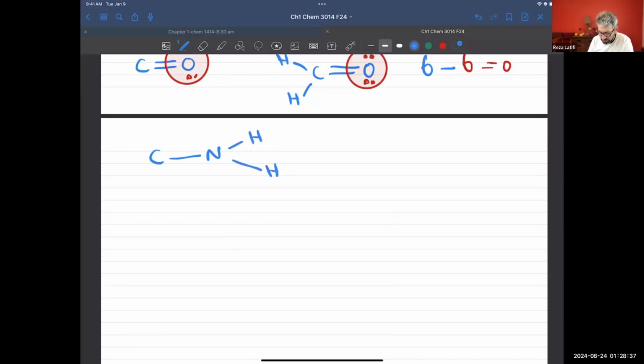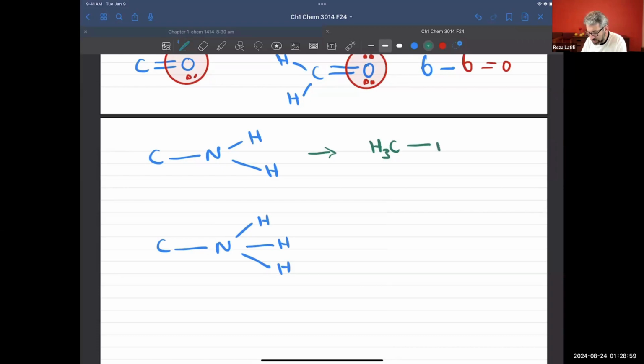So with 2, we go carbon attached to nitrogen, and we're going to add 3 hydrogens to carbon. This is a carbon with 3 hydrogens, so technically H3C, and there is a nitrogen with 2 hydrogens attached to it. Here again, you have H3C, and then nitrogen attached to 3 hydrogens.